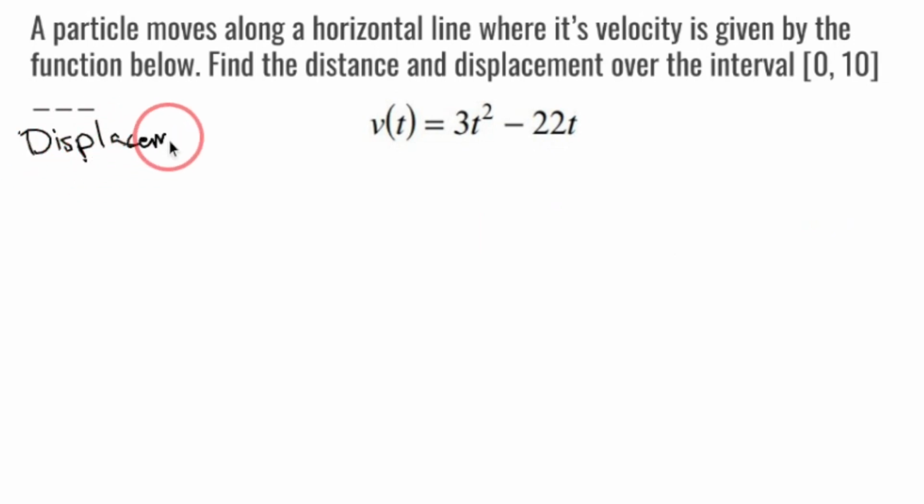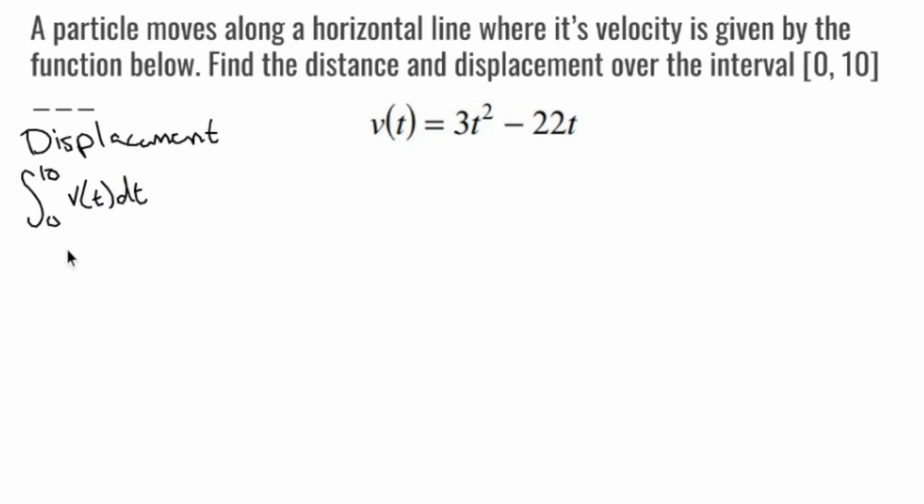Displacement is pretty simple, relatively speaking. You take the integral from where you start to where you finish of your velocity function, and that's pretty much it. Nothing fancy, nothing crazy. That is the displacement.